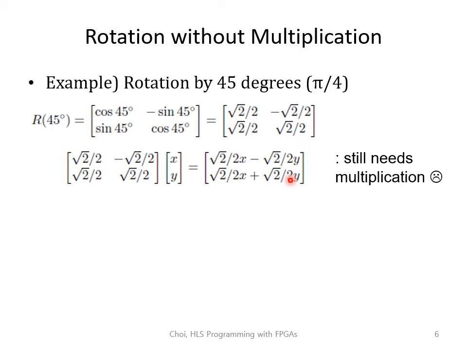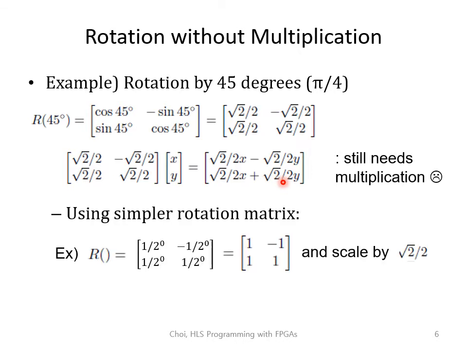So is there any way to make this constant multiplication any simpler? Well, let's consider this rotation matrix. Since this is composed of ones and minus ones, this matrix is very simple to compute, but this matrix and this matrix are different. So let's try to make them the same by scaling the result of this by multiplying root 2 divided by 2. Okay?